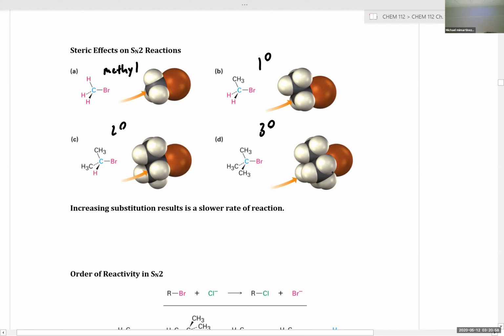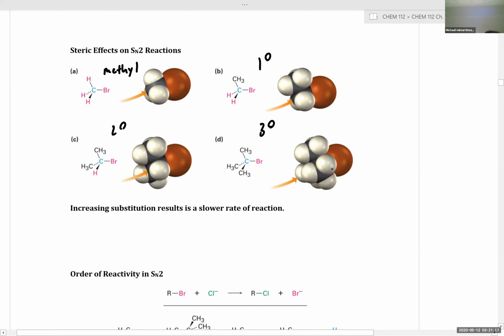Is it easier or harder to attack the sigma star as we have more alkyl groups on our carbon? Is it easier or harder for an SN2 reaction to occur when we have a greater amount of substitution?